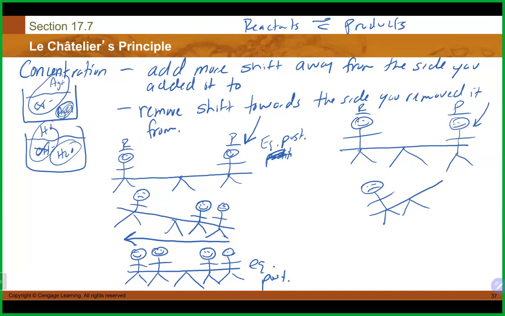Again, in this situation, to fix this problem, we actually need to go towards the side we removed it, kind of like filling the hole, if you want to think about it that way. This guy will then come back to equilibrium. And now everybody is happy here. Any questions on that there?